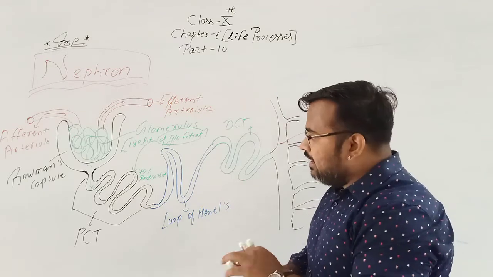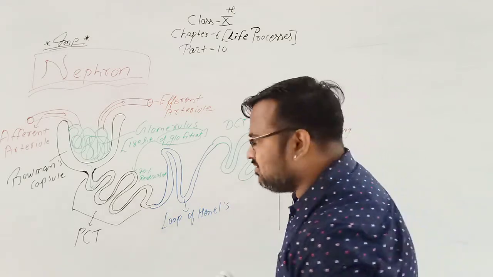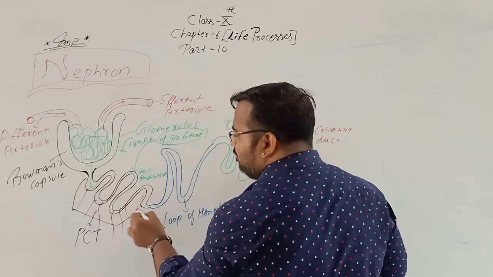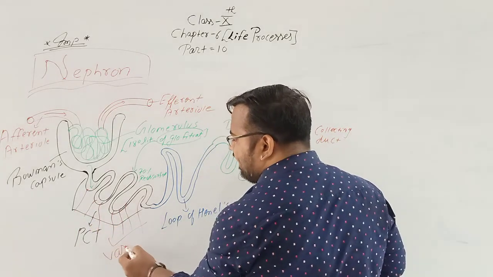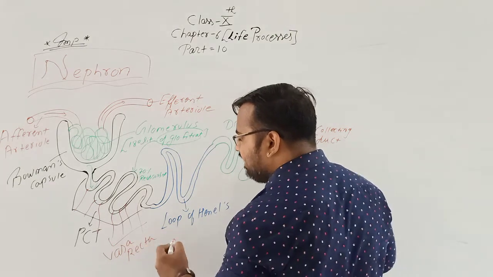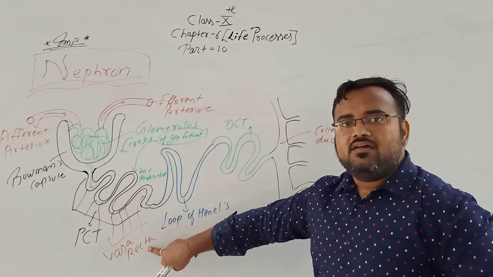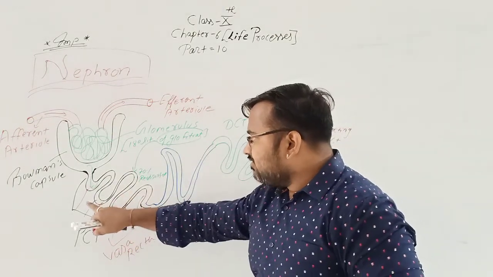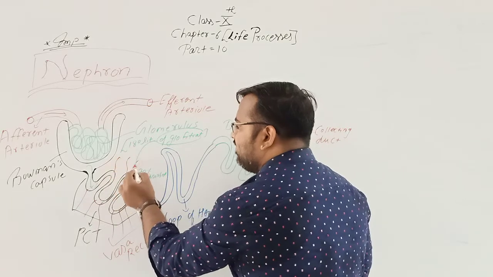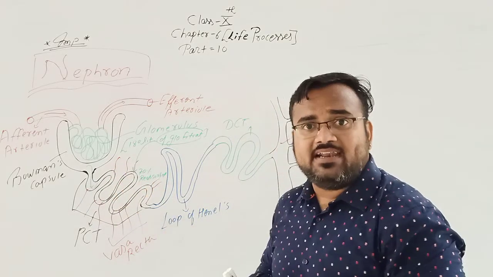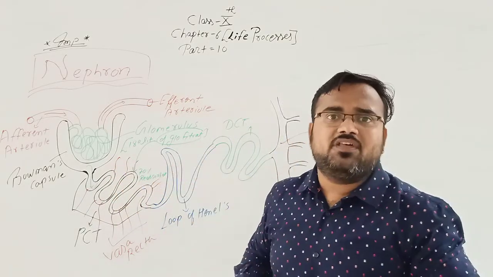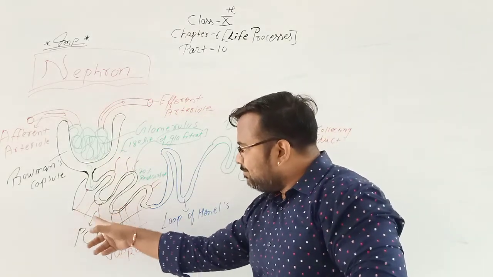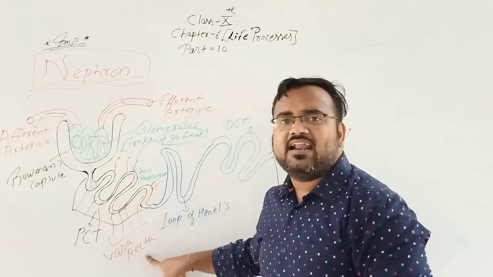How is it reabsorbed? The PCT is connected with very small blood vessels which are known as vasa recta. Okay, very important name. So about 70% of the glomerulus filtrate is reabsorbed in the PCT and transported into the blood vessels known as vasa recta.